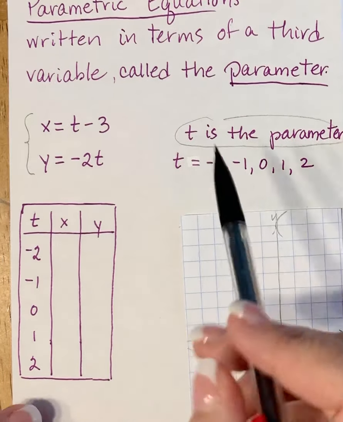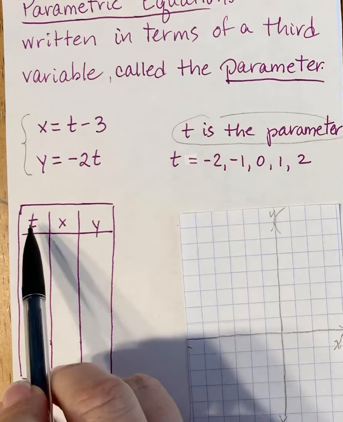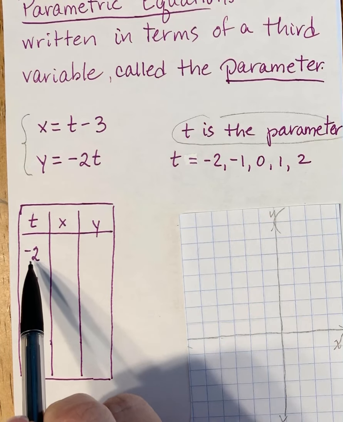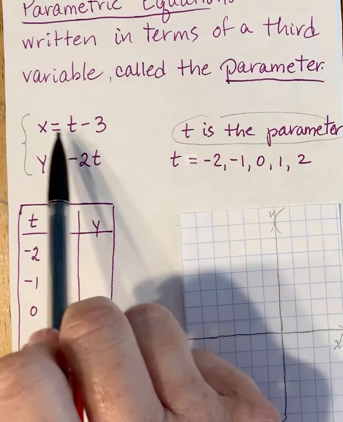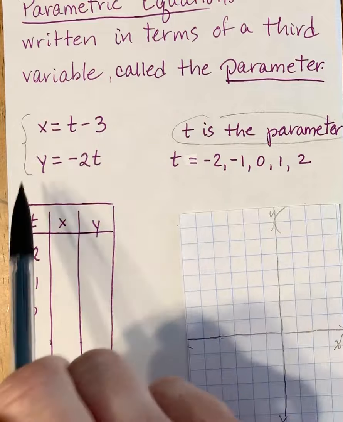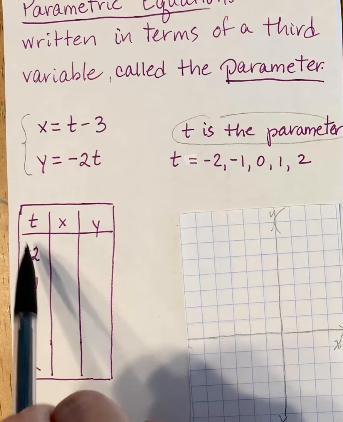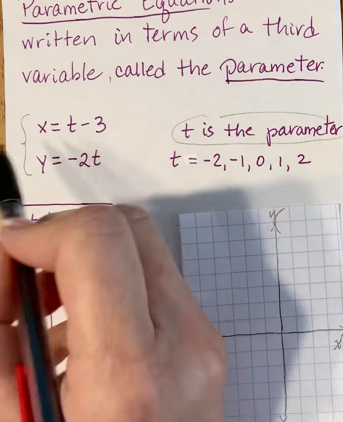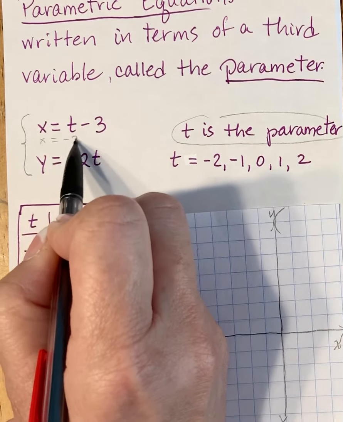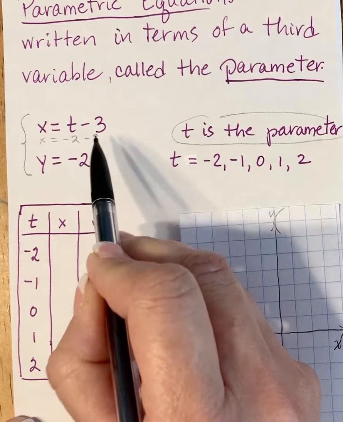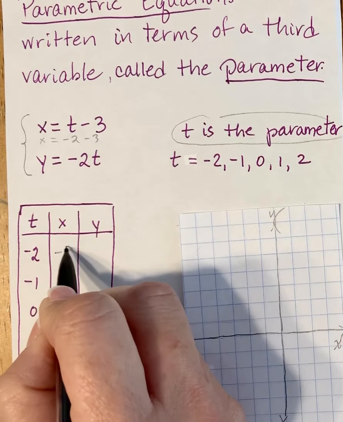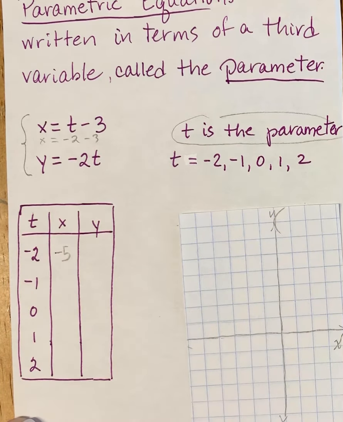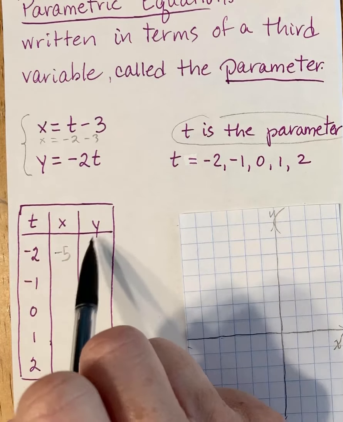And the way you would work with any one value of t, let's say if t is equal to -2, you would substitute it into each equation separately. So we would take t equals -2 and put it into the equation for x first. So x would equal -2 minus 3, and that would work out to be -5. And then you would take -2 and put it into the equation for y.